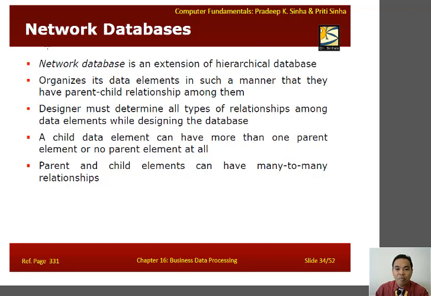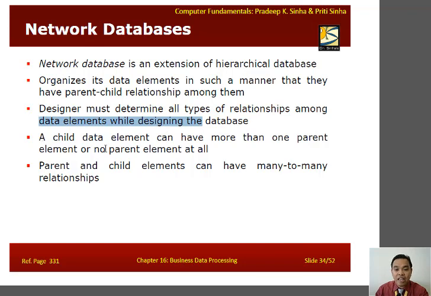Next, network databases. We say a network database is an extension of hierarchical database. This type or model organizes its data elements in such a manner that they have parent-child relationships among them. The designer must determine all types of relationships among data elements while designing the database.